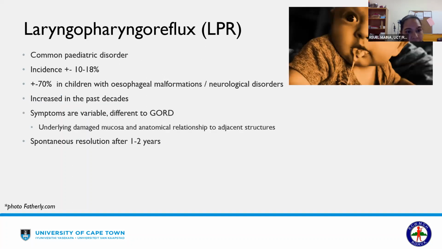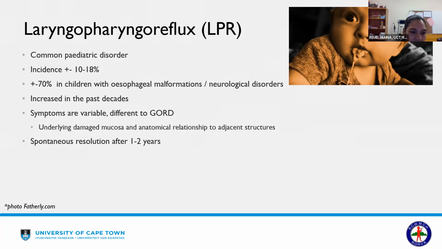It is a common pediatric disorder. The incidence is about 10 to 18% in the general pediatric population. In children with esophageal malformations or neurological disorders, up to 70% have associated LPR, and this number has increased in the past decades.